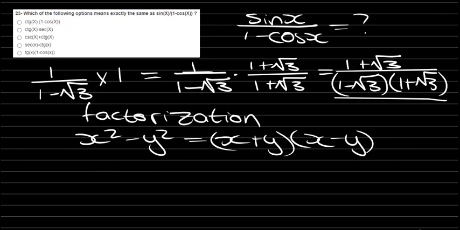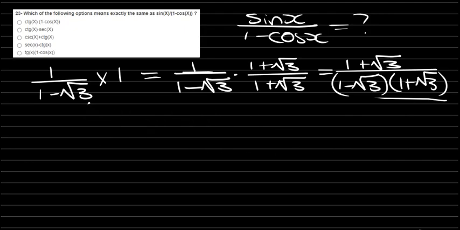So in this case, x equals 1 and y equals root 3, if we want to apply it. So what does this look like? We have 1 plus root 3 over 1 minus root 3, times 1 plus root 3 over 1 plus root 3.